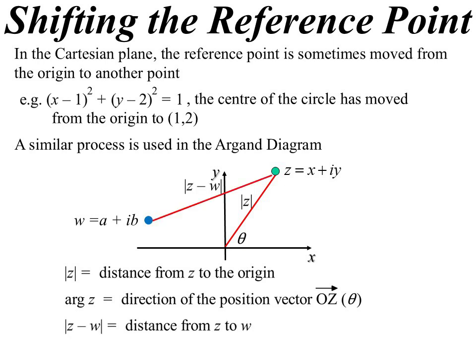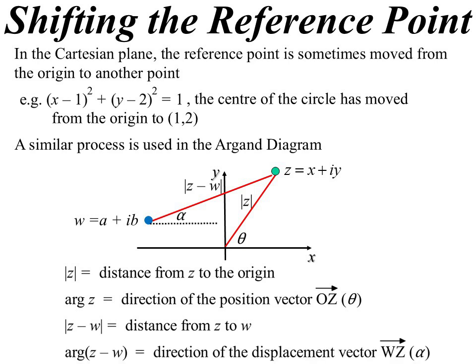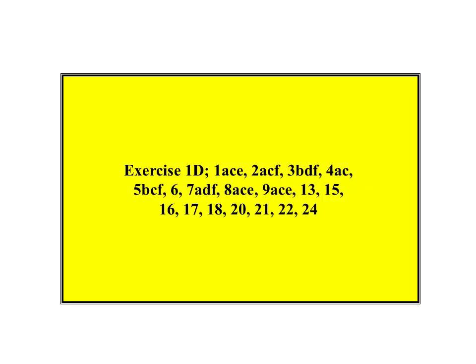Then the length of that vector, head minus tail, is Z minus W. So all that the modulus of Z minus W is, is the length of that vector that joins W and Z. And the argument is the angle it makes with the horizontal. What direction is that vector going in? So a little taste of playing with it geometrically.